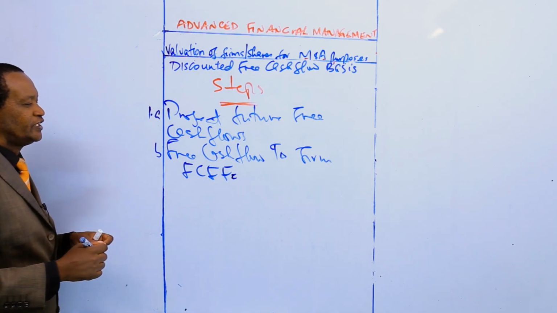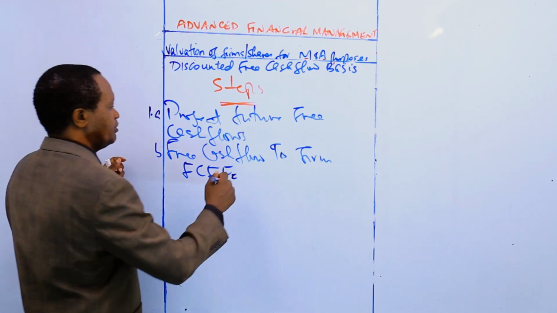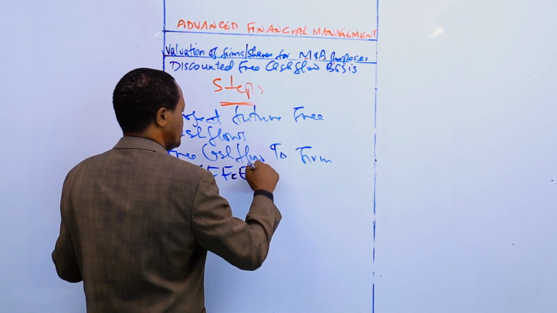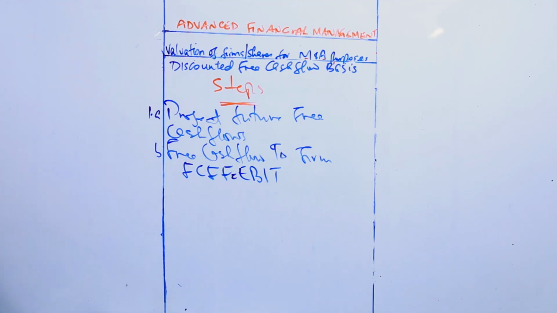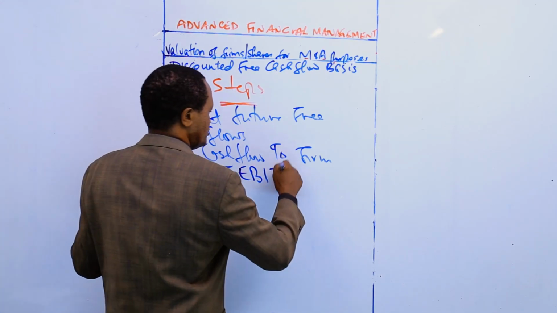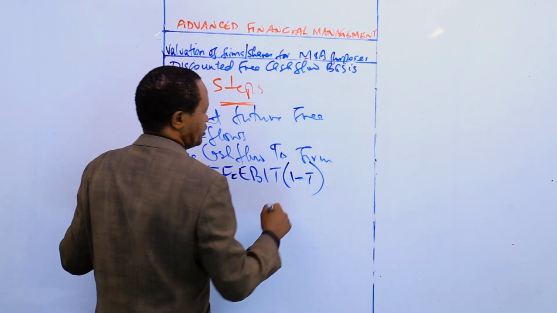Now, to calculate the free cash flow to firm, first of all, we have the earnings before interest and tax. You take the EBIT, earnings before interest and tax, multiply by 1 minus T, where T is the corporation tax rate.